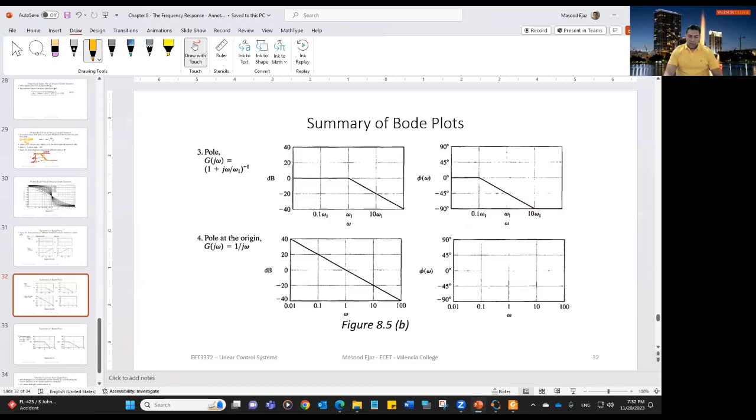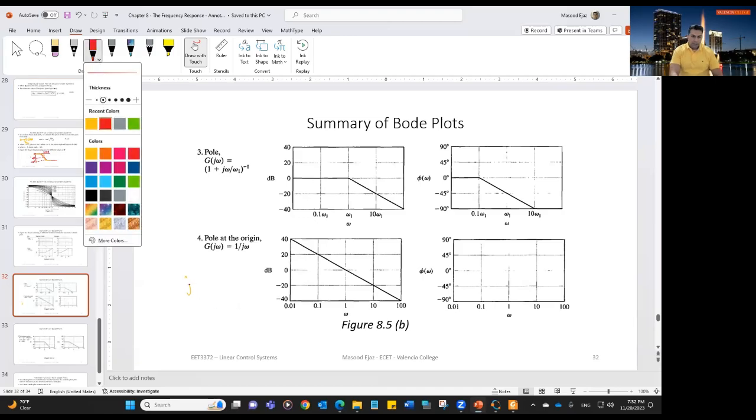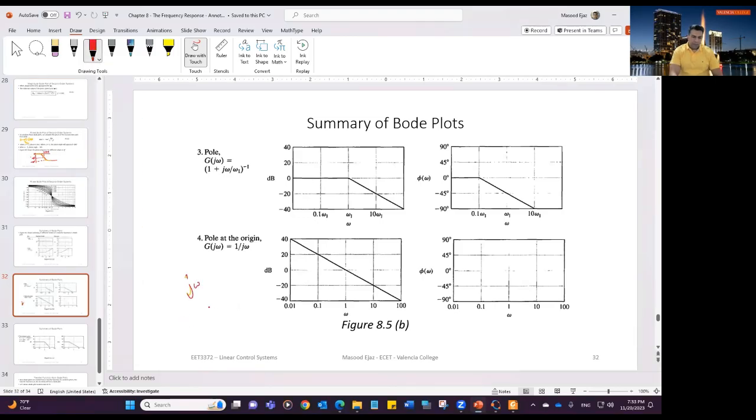If you have a pole at origin or a 0 at origin, so if you have a 0, let me change the color again. If you have j omega as one of the zeros or 1 over j omega as one of the poles, or j omega over omega c rather, if this is one of your poles, then remember it's 0 plus 0 plus 0 plus.